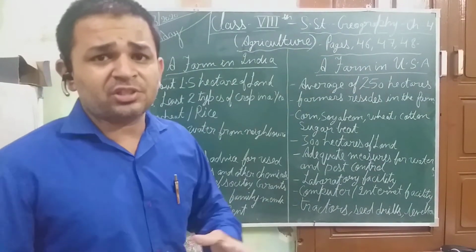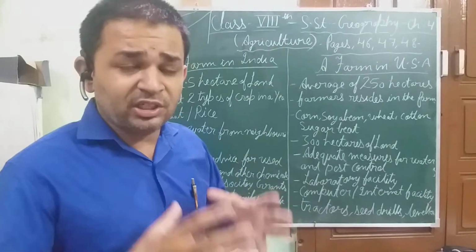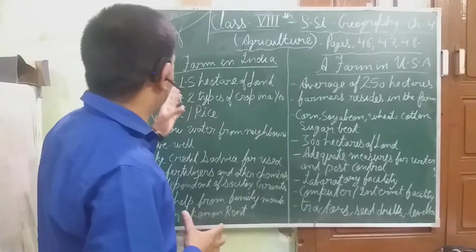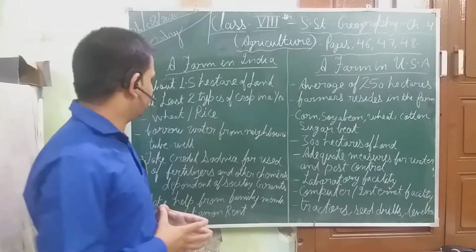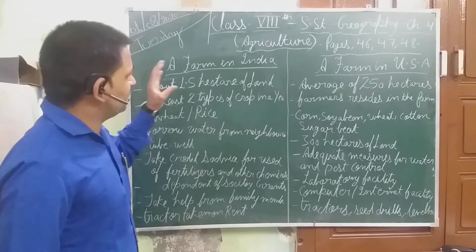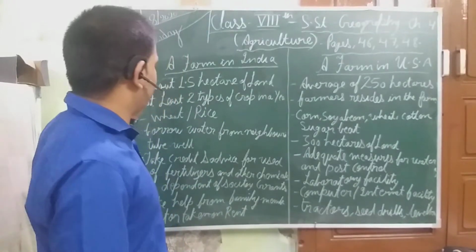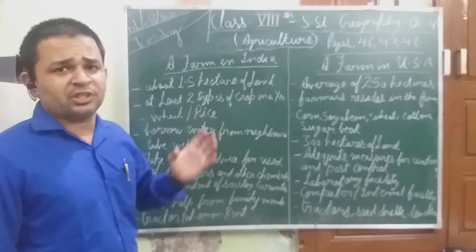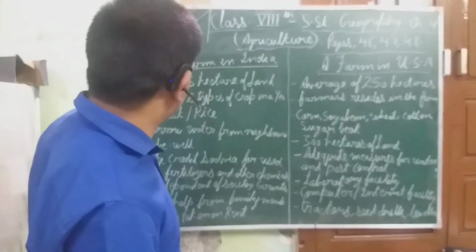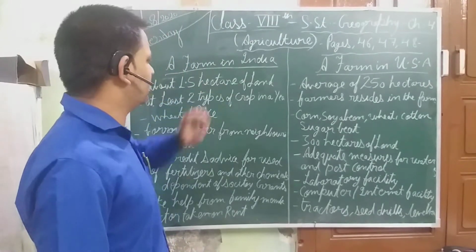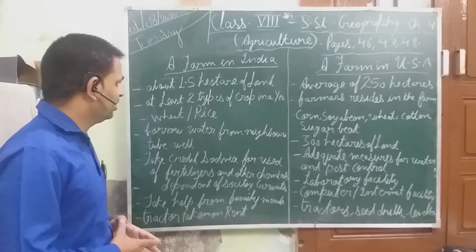And my dear students, it's really a huge area as far as the Indian perspective is concerned. 1.5 hectare is a big area. The farmer we have taken as the example has this much land.